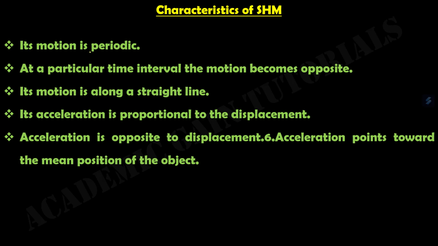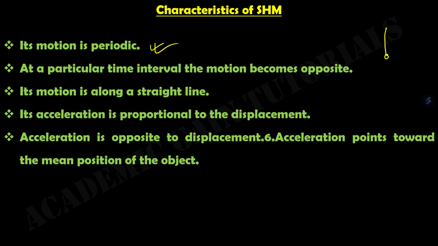It says that its motion is periodic. So our simple harmonic motion will always be a periodic motion. At a particular time interval, the motion becomes opposite. Why does the motion become opposite?